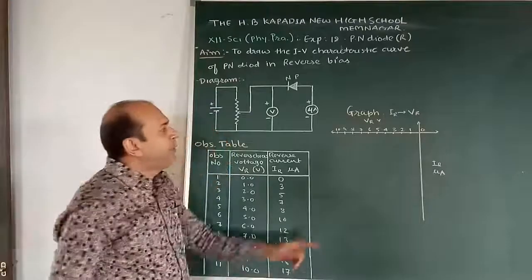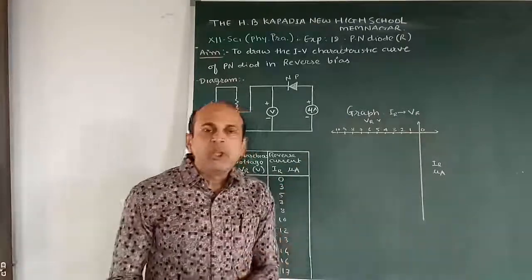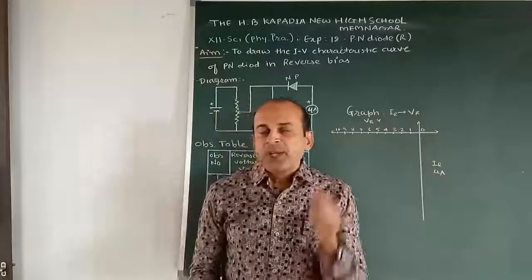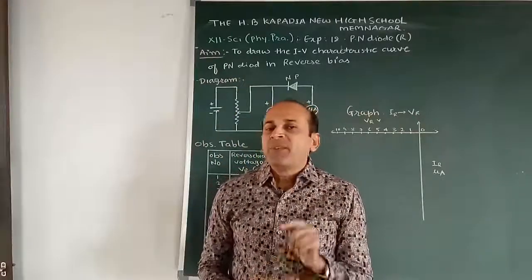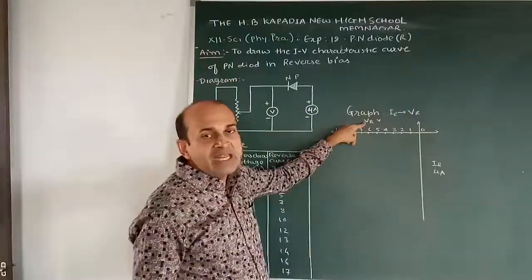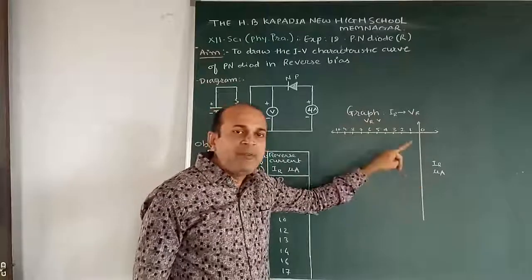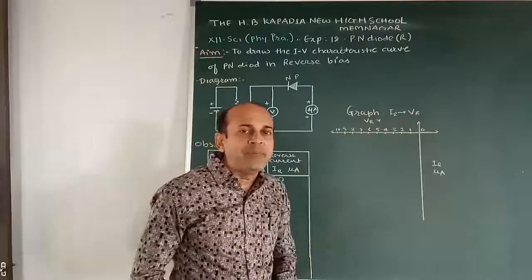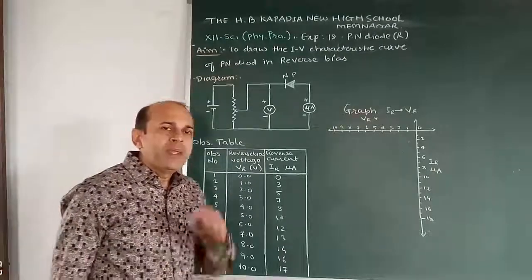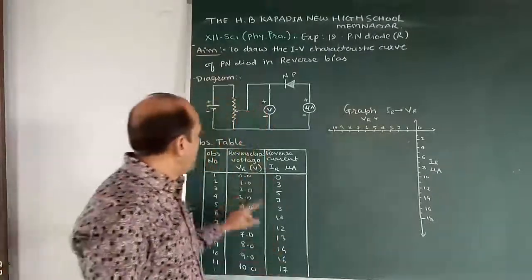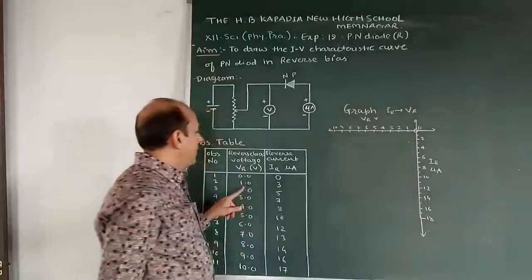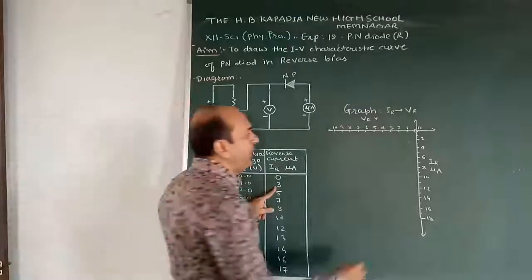Now let me plot the graph. Here the voltage and current values are not negative, but their direction is negative. That's why the graph is in the third quadrant. So here it is VR and here IR. Let me plot the points and draw a graph. For 0 voltage the current is 0. For 1 it is equal to 3.